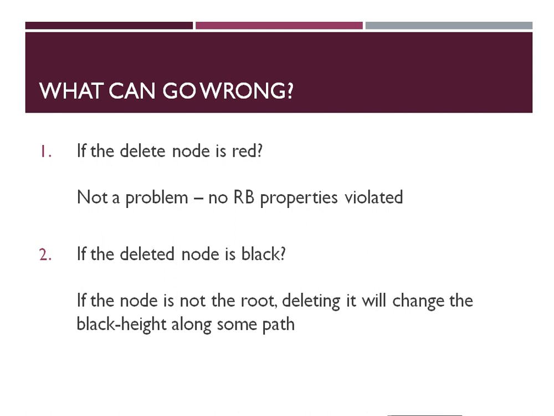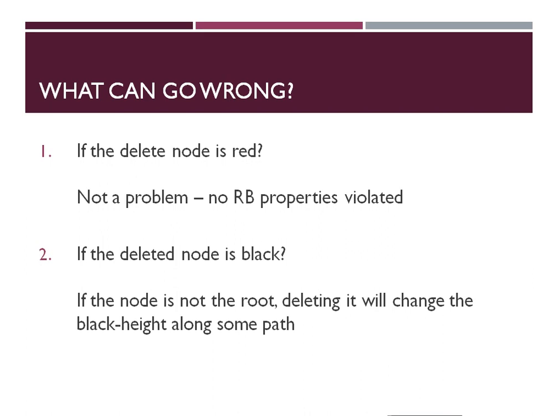We have many cases where a node can be black. The first most important case is the root is always black, right? So if the node you are deleting is black, you have to check whether it is the root node that you are deleting. Then there will be major changes, right?